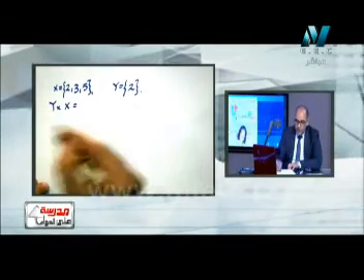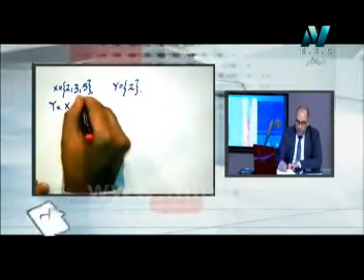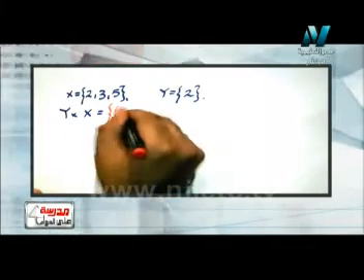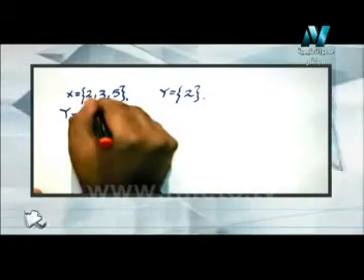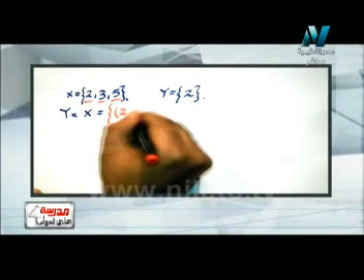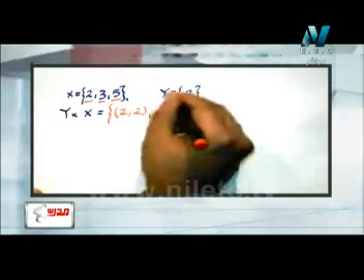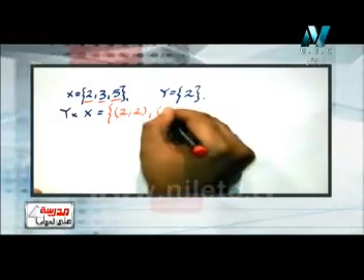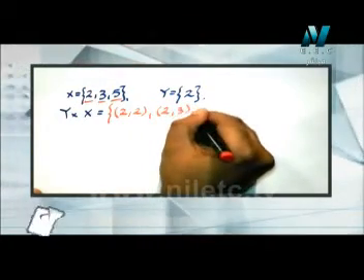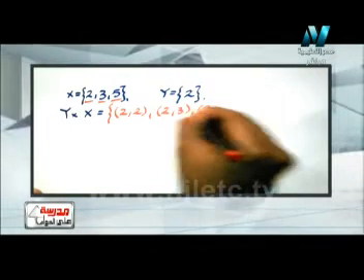It means we start with the element belonging to y, which is 2. Make two braces. The first one equals 2 distributed among 2, 3, and 5. So make it 2, comma 2. Our second ordered pair will be 2, comma 3, in order, while the third is 2, comma 5.